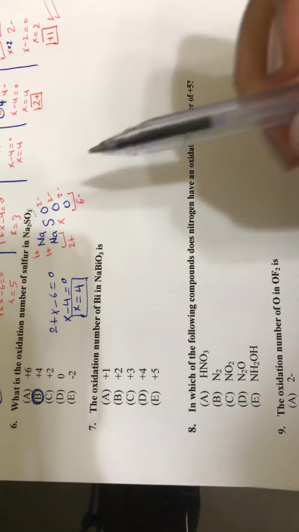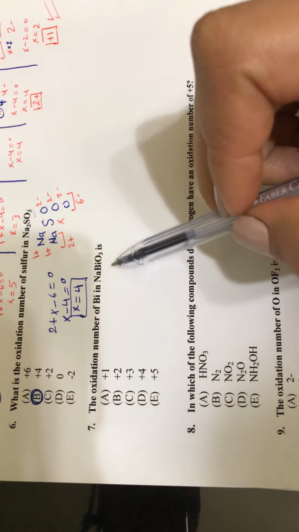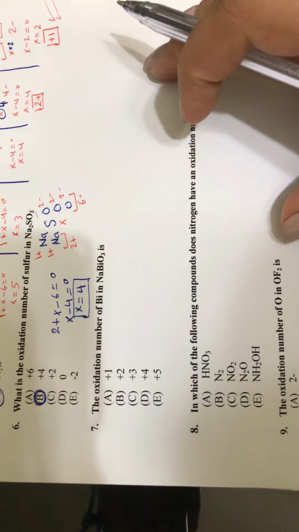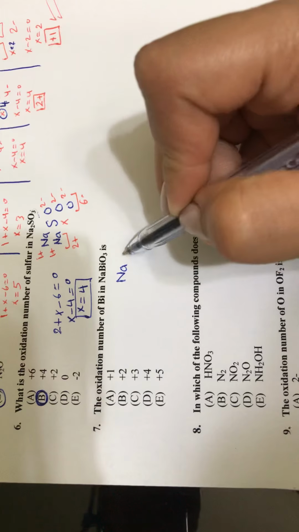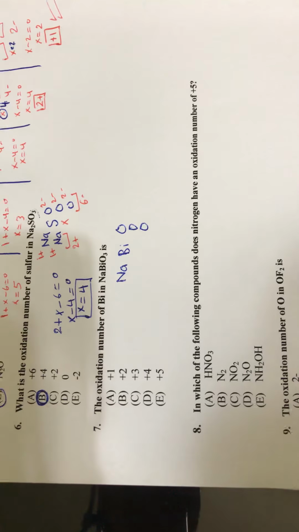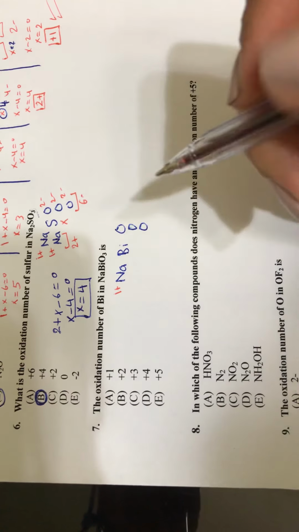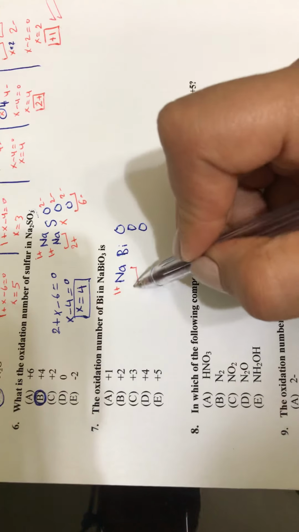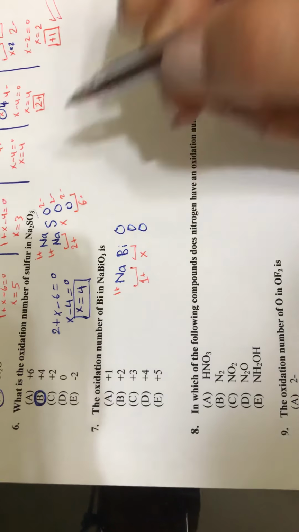The oxidation number of bismuth in NaBiO3. Okay, it contains 1 sodium, 1 Bi atom, and 3 oxygen atoms. So the charge of sodium is +1. So here the total is +1. And here x, you have to calculate it.